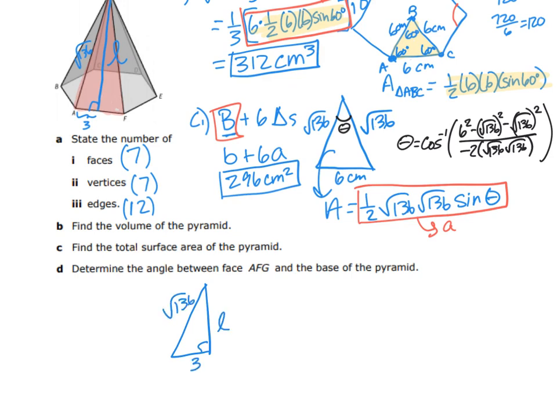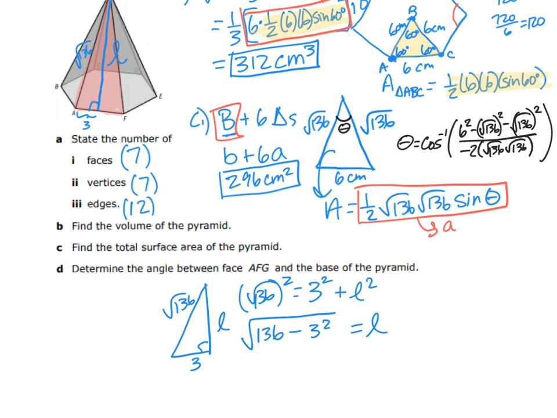So the square root of 136 squared, which is 136, is equal to 3 squared plus L squared. That means L is going to be equal to the square root of 136 minus 3 squared.